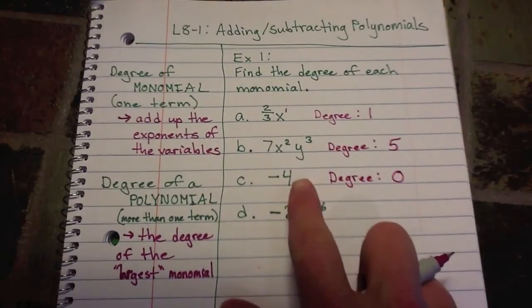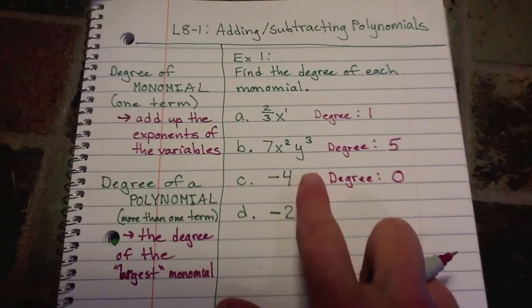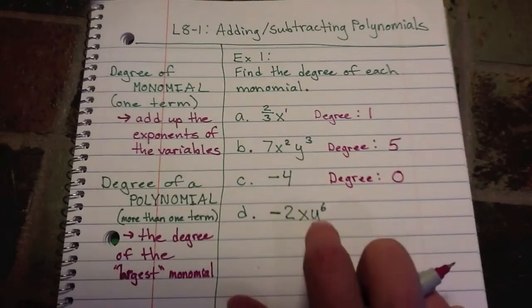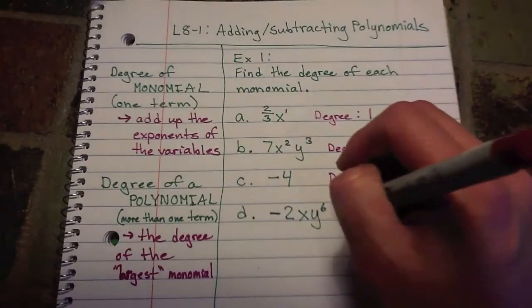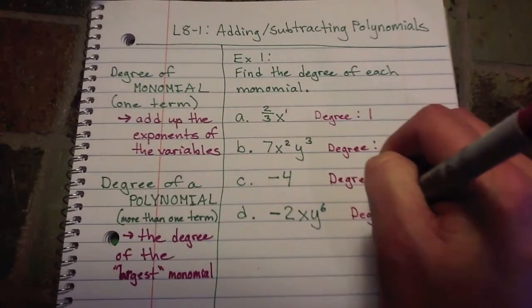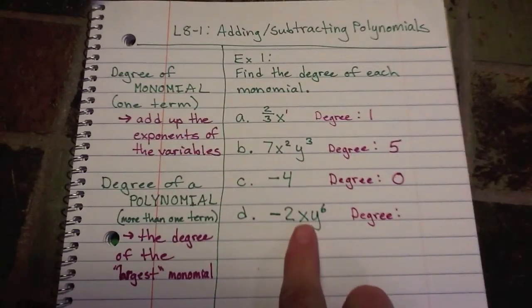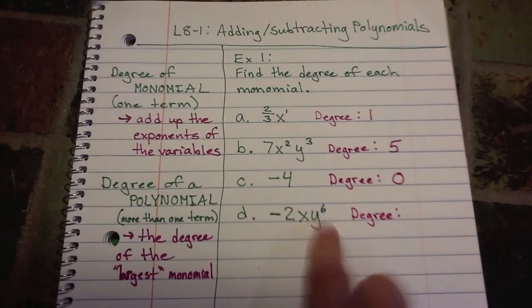And if you think about it, we could have an x to the 0 power there, and it would just become a 1. And this last one, our degree, add them up. Don't forget about the 1 here. That's why I put that example in. 1 plus 6 is 7.